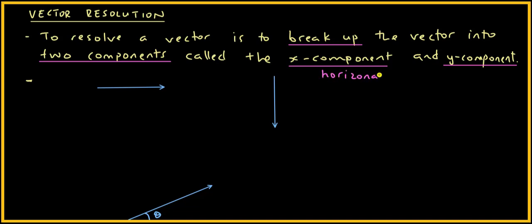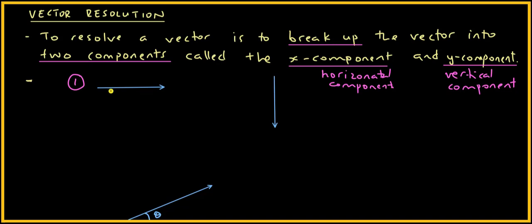The x component is also called the horizontal component, and the y component is also called the vertical component. So vectors can be broken up into two parts, a vertical part and a horizontal part.